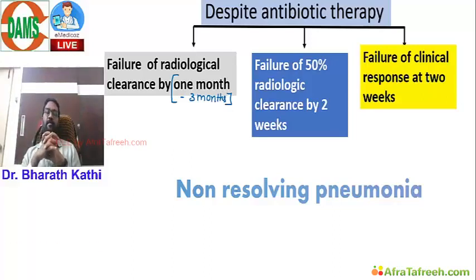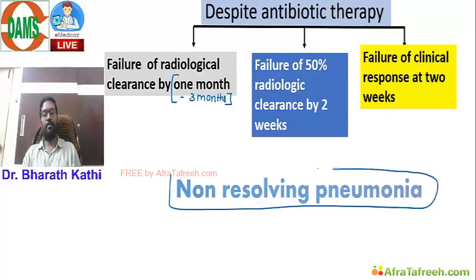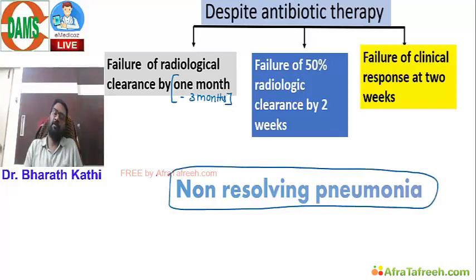Or the patient's chest X-ray is not showing 50% clearance by 2 weeks. Or the chest X-ray is not showing clearance within 1 month. So this non-resolving pneumonia is a vague term. If any one of the following is present, you can call it non-resolving pneumonia.